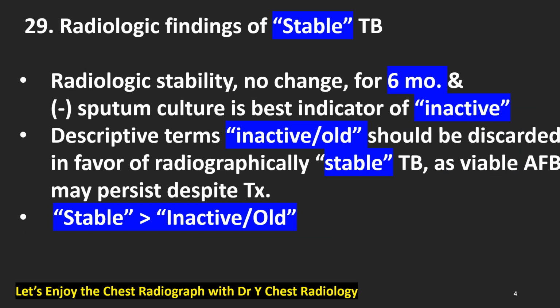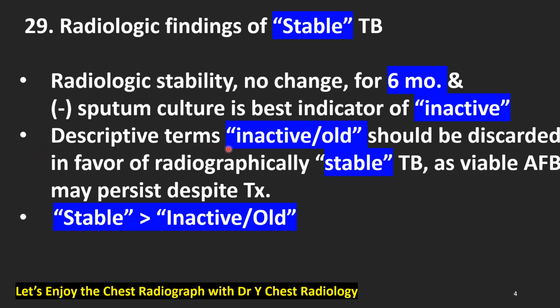Radiologic findings of stable pulmonary tuberculosis. Radiologic stability, in other words, no change. We are very familiar with these words. No change for more than 6 months, and negative sputum culture, is the best indicator of inactiveness of the pathology.